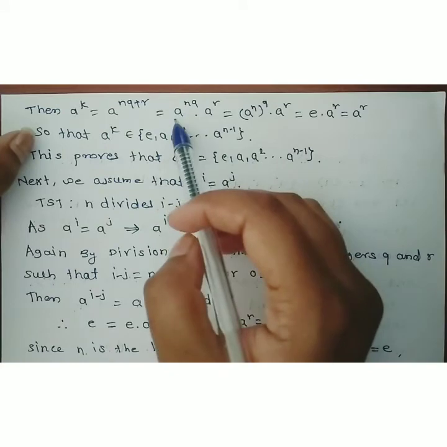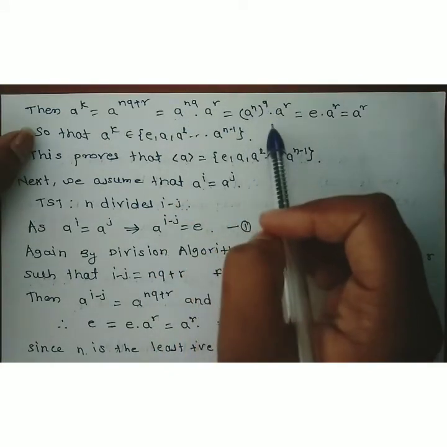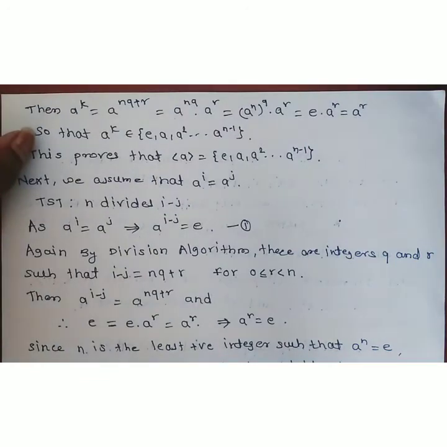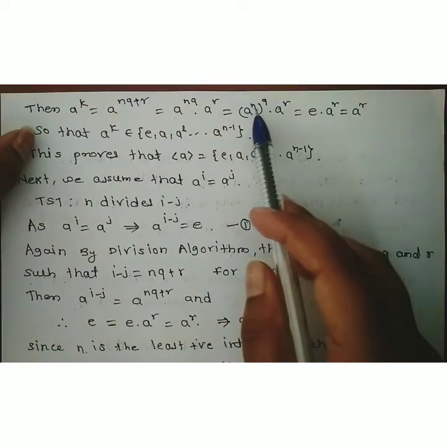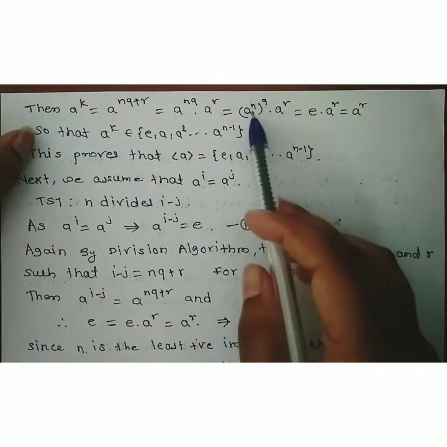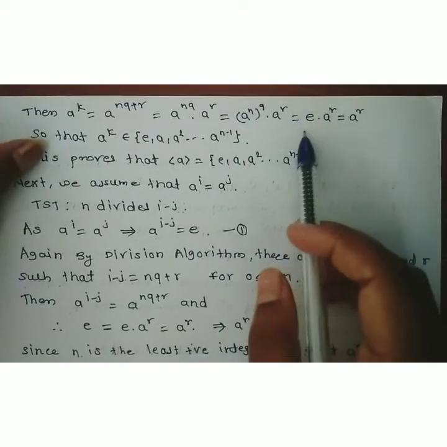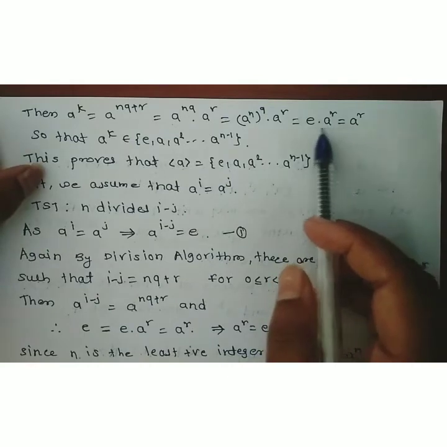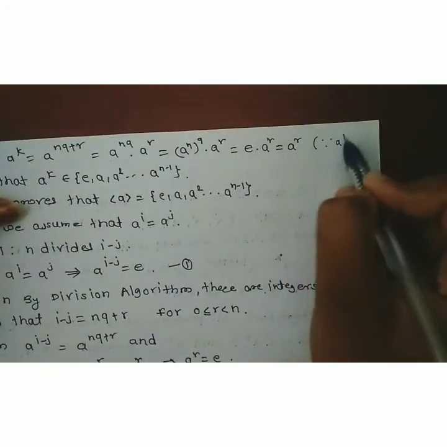Therefore a raised to nq can be written as a to the power n raised to q, into a to the power r, which is equal to, since the order of a is n, a to the power n is equal to identity, so identity into a to the power r, which is equal to a to the power r, since identity multiplied by any element is the element itself.